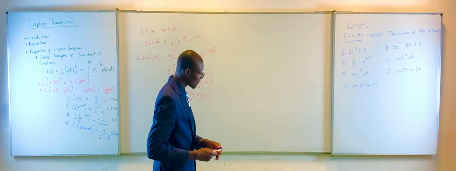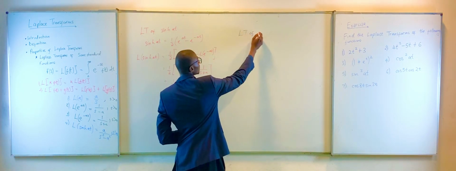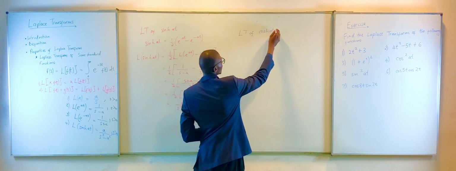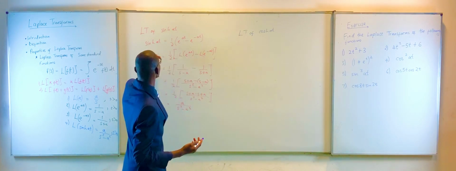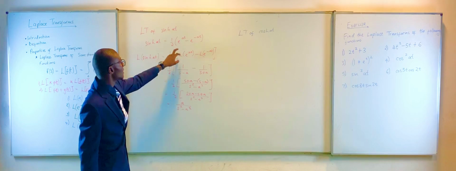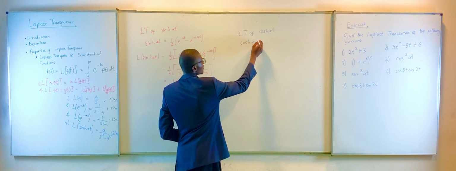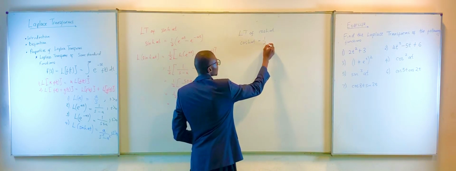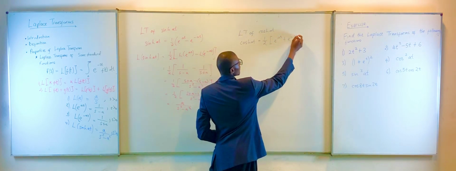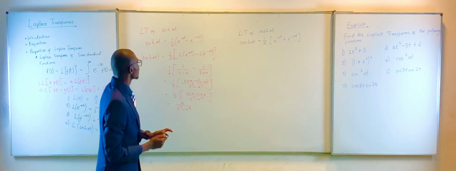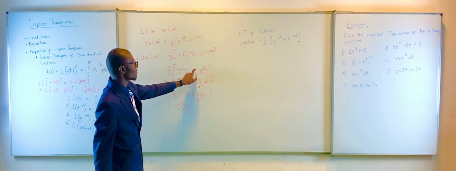Okay, so now looking at the Laplace transform of cosh at, what's simply changing is that for cosh at, this sign is a plus. So cosh of at is half of e to the power of at plus e to the power of minus at. Right, so everything else is the same here, but what's simply changing is the sign.